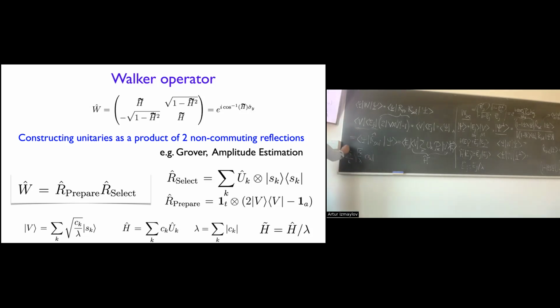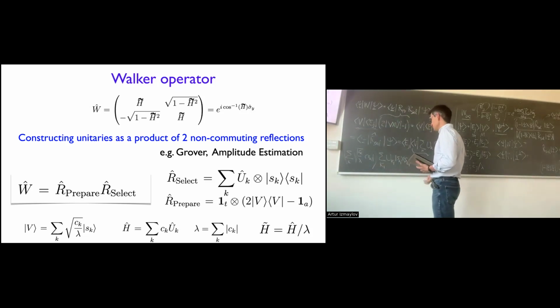So this is the first V. Then you have a summation over, let's say, K1 for the UK, UK1, SK1, and then we have a second V, which is a sum over K2, SK2, square root of CK2 divided by lambda.